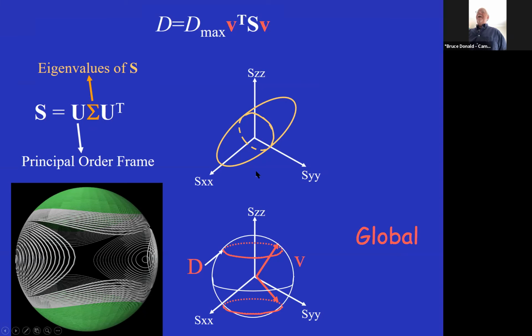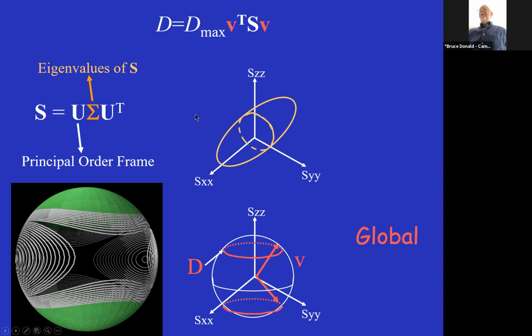So the key thing here is the measurements are global. If I know D, and D max is a constant, we know S, then if I ask what's the orbit of V's that solve this equation, they look like these curves on the sphere. Here's an example done by my student Tony Yan, who got his PhD many years ago.